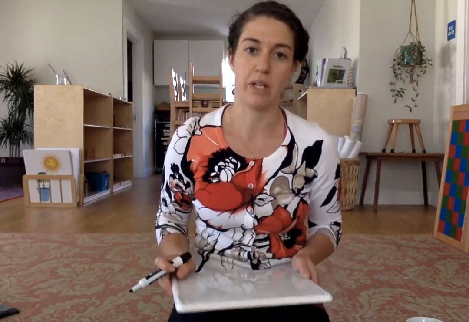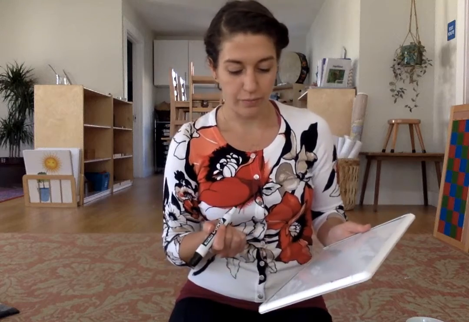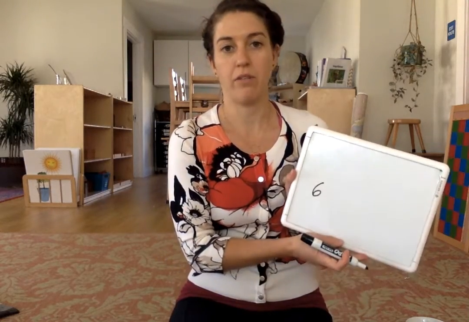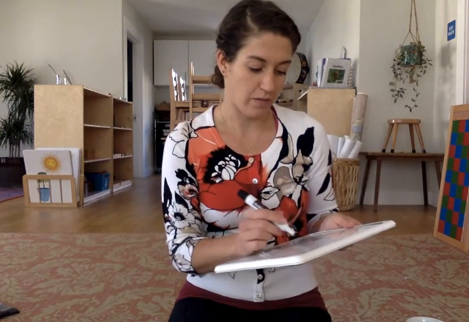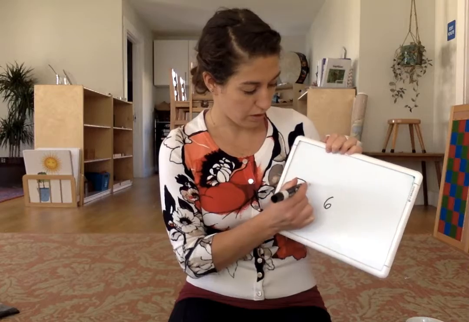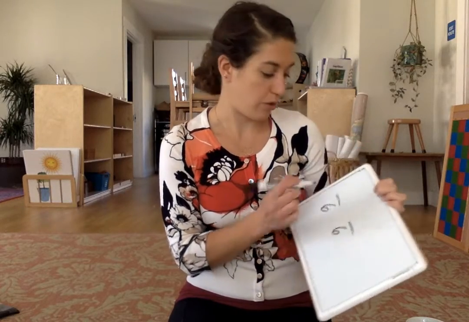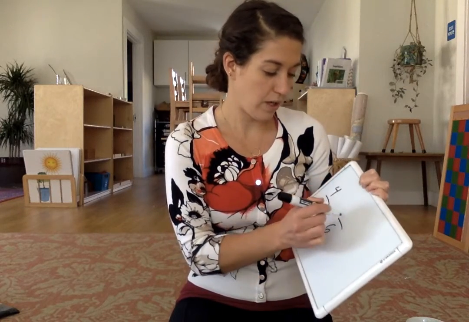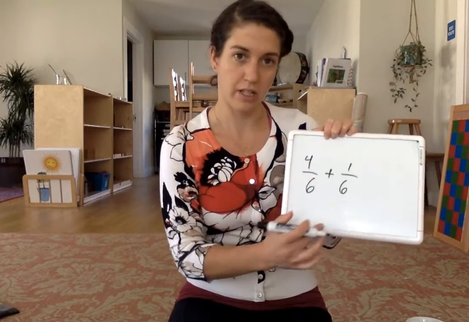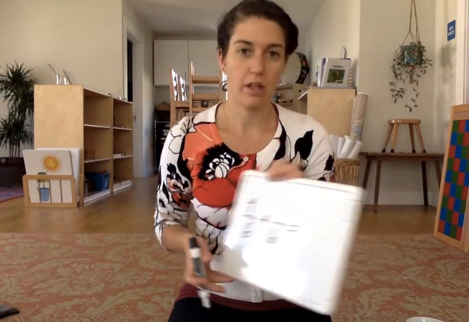So remember, the denominator is the bottom number, the name of the family. So if I pick sixths, then my denominator for both numbers needs to be 6, okay? And then on the top, you can pick whichever number you want. So maybe I will do 4 and 1, okay? 4 sixths plus 1 sixth.